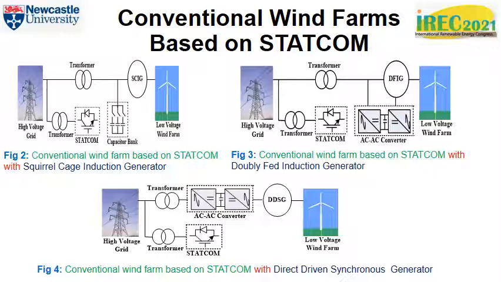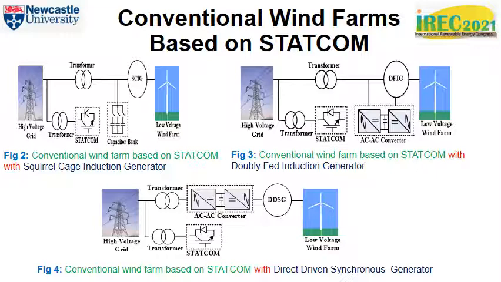The technique based on squirrel cage induction generator is shown in Figure 2. The excitation of the squirrel cage induction generator is provided by the high voltage grid. The major features of this configuration include direct connection with the grid, constant rotational speed, provision of soft starters for smooth connection to the voltage grid, and provision of capacitor bank for reactive power compensation.